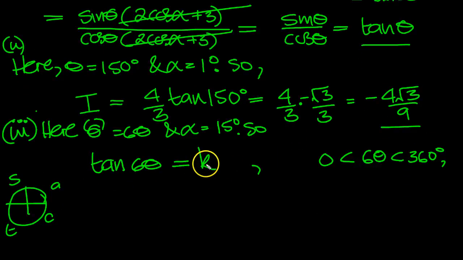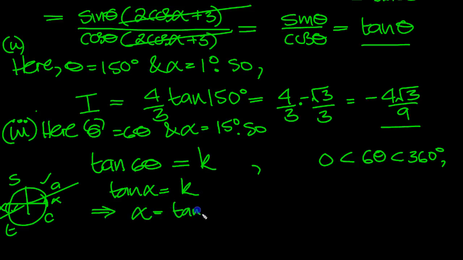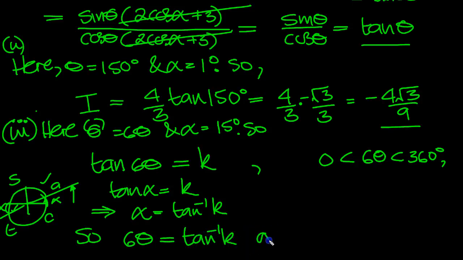So tan 6 theta is k. Tan is positive here and here. Draw 2 lines. Mark off alpha, the associated acute angle, and simply write tan alpha is equal to k. So that tells us that alpha is equal to tan to the minus 1 of k. So 6 theta is going to equal, the first solution, tan to the minus 1 of k, or 6 theta will equal, going around to here, 180 plus tan to the minus 1 of k.